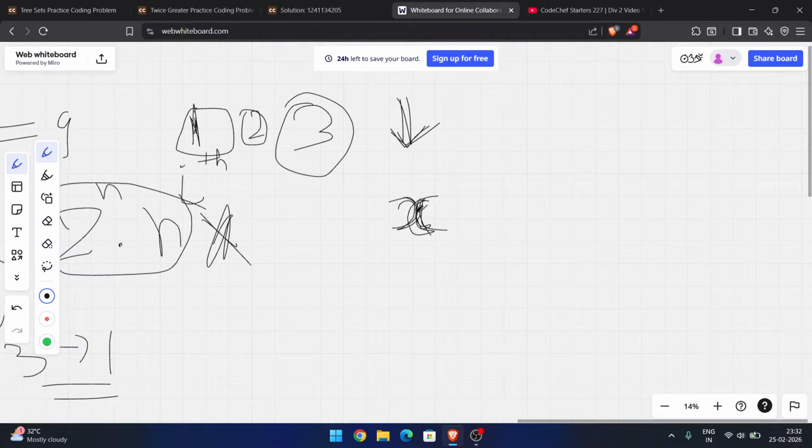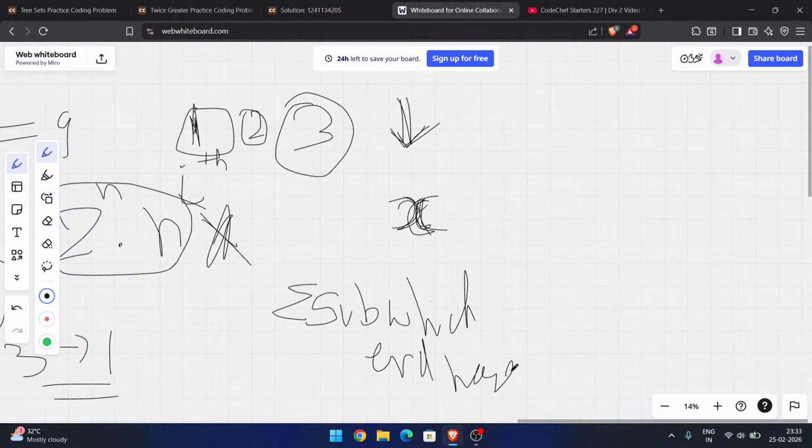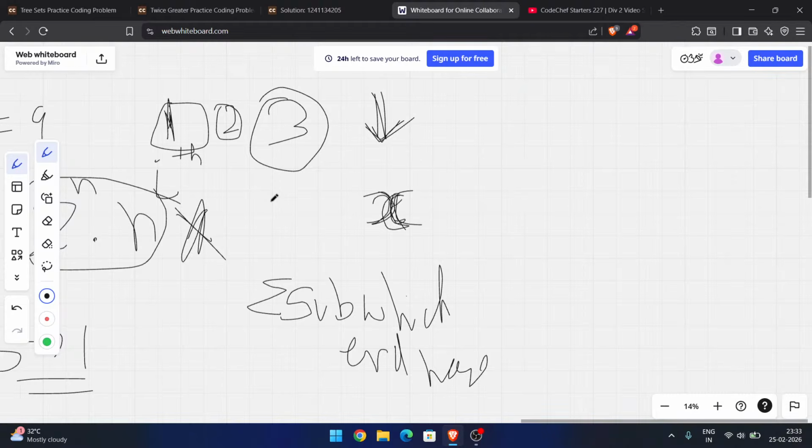If the subsequence is ending at this x, that would contribute towards the answer. So let's suppose that was the summation of subsequences which end here. Okay. Suppose the number was x minus x by 2. We will come to this.